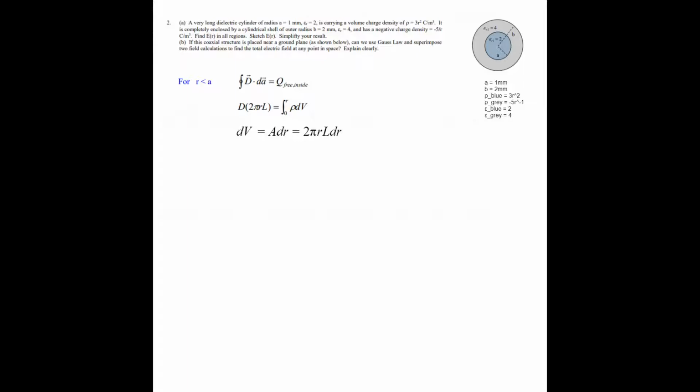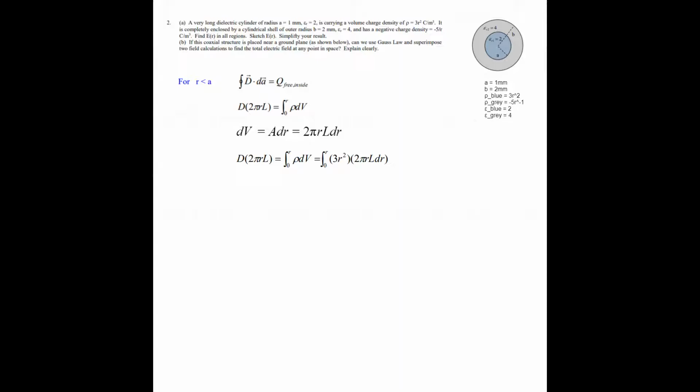So you can't just integrate with dV and ignore that. You need to convert it to A dr. Luckily, this is very simple. The A area is the exact same as what we used for the D. The 2 pi RL, that area is the same, and it almost always is in these types of problems, whether you're doing it for a sphere or whatever.